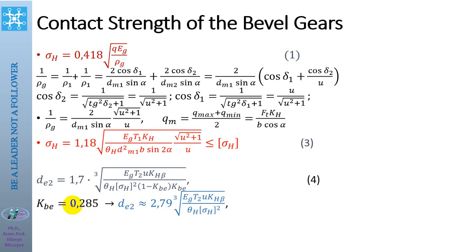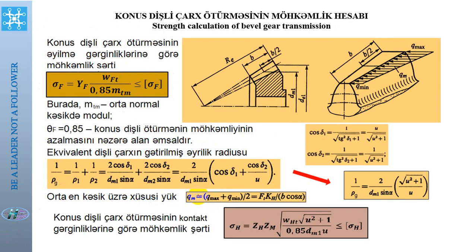And K be 0.25 b is the face factor, depending on the gear.